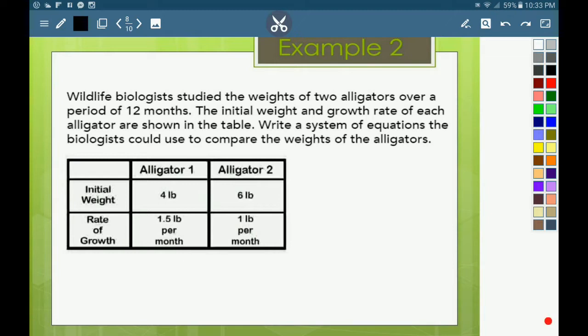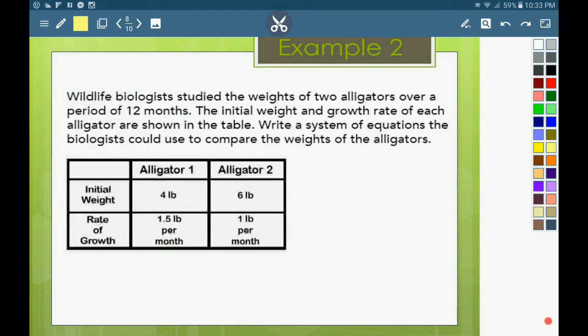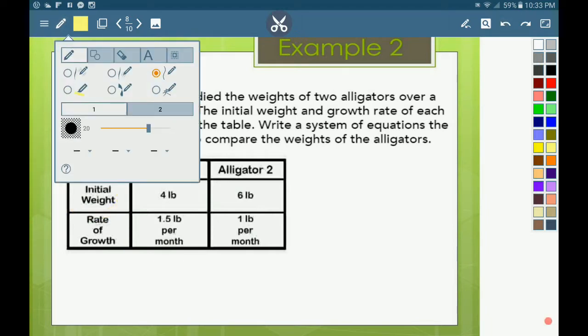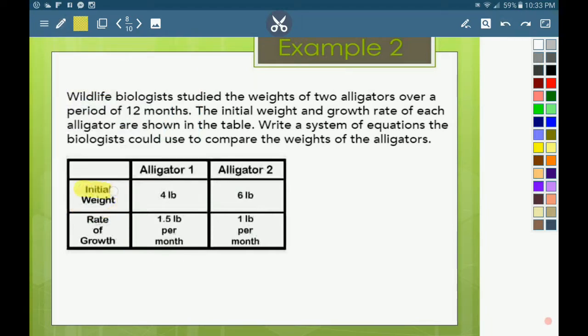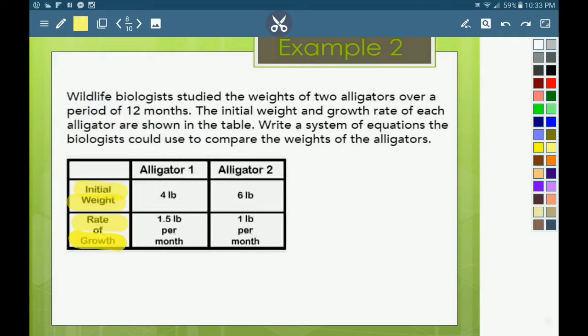So what I want you guys to notice here in this situation is I'm seeing initial value and a rate of change. They even say this in the actual tables themselves, so I'm going to highlight that because that should be reminding you of y equals mx plus b. Remember, the initial value is going to be your b, and your rate of change is going to be your m.